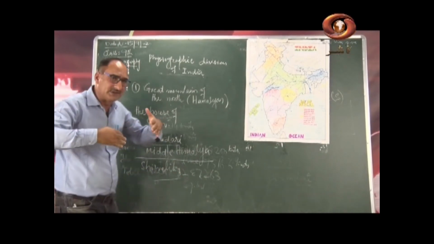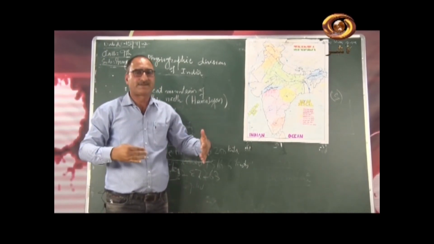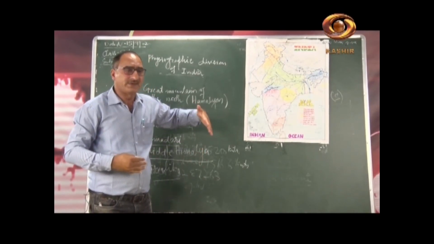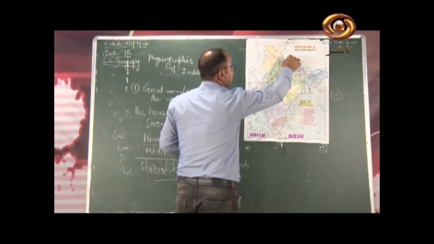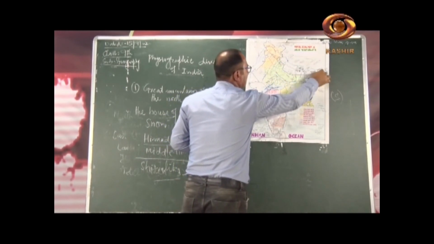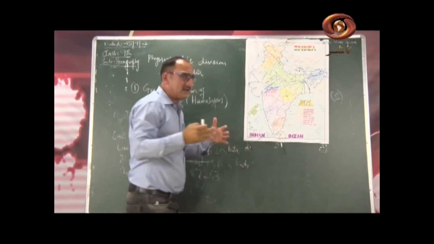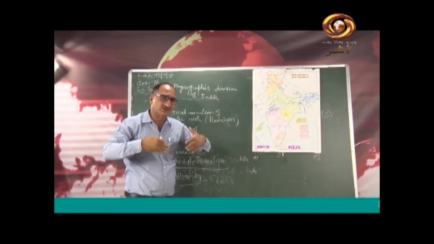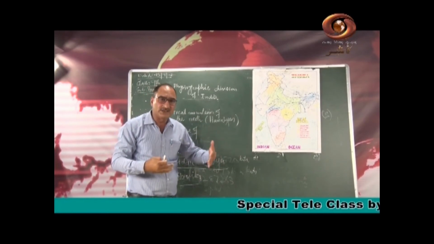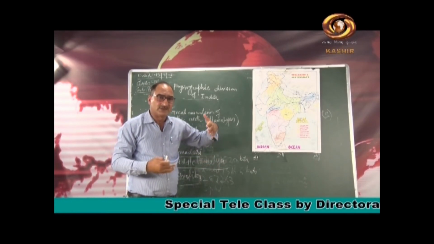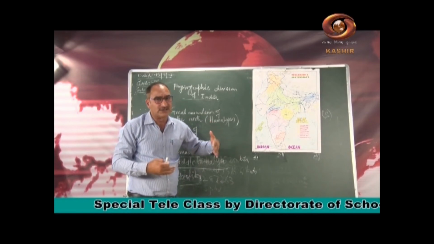So Himalaya has been divided into 3 parallel ranges. The highest range of Himalaya is known as Himadari, also known as Great Himalaya. Himadari means it is covered with snow throughout the year.